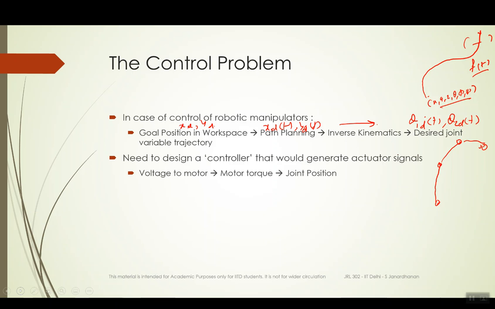However, you need an actuator to power the joint so that this movement of your joint variables can happen. The actuator is usually a motor, and the actuating signal is the voltage to that motor. If you give a voltage to a motor, you get a motor torque, and that torque is going to move the joint to its desired position.